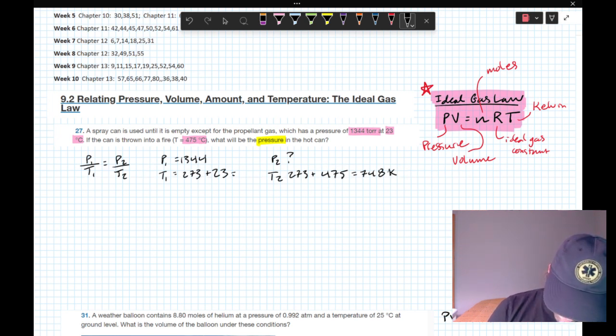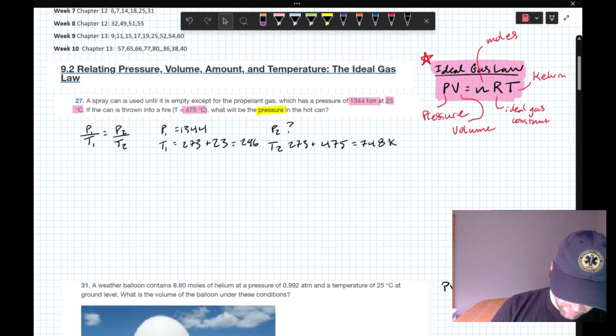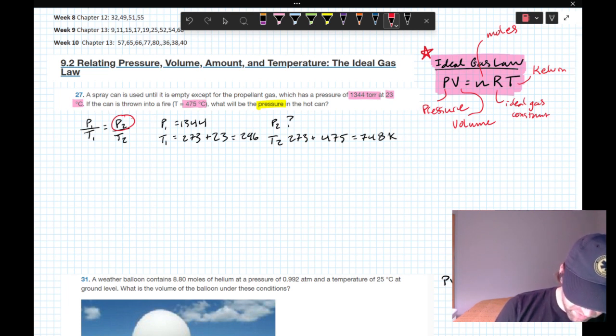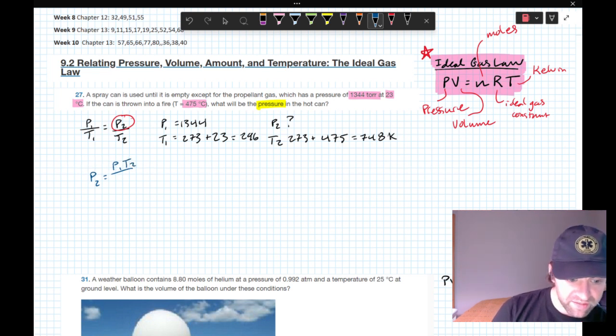And T1 is going to be 296 Kelvin. So looking at our formula again, we're solving for P2. We can simply multiply both sides by T2, which gives us P1 times T2 all over T1.